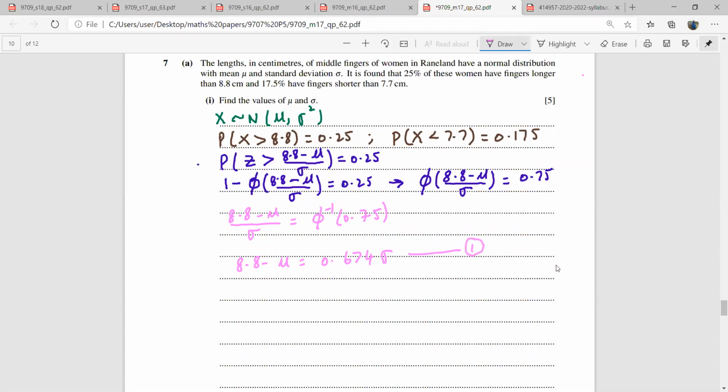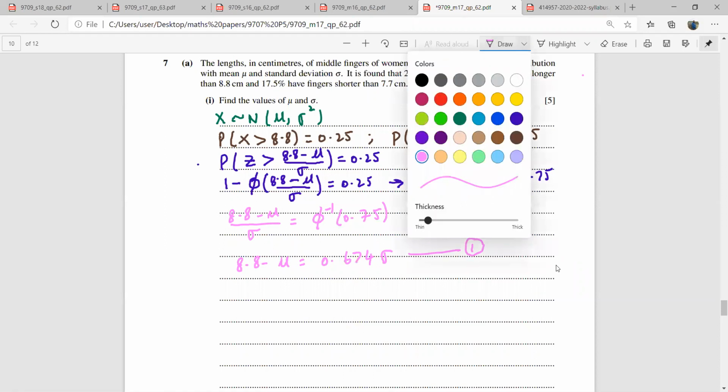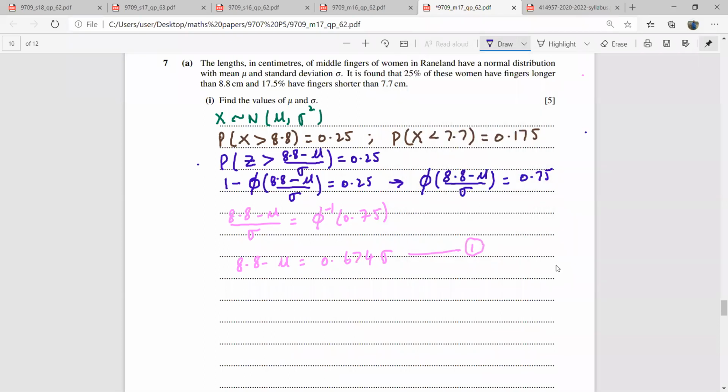Then we have the second equation, from the other information.